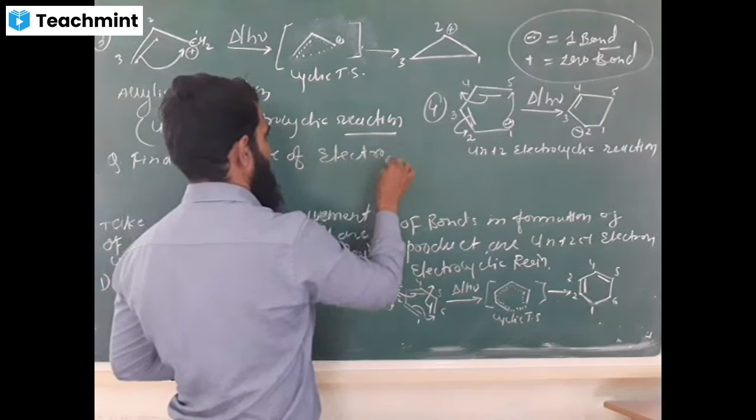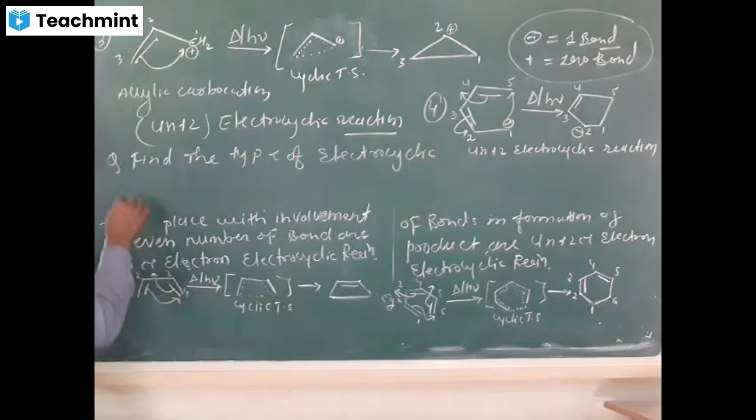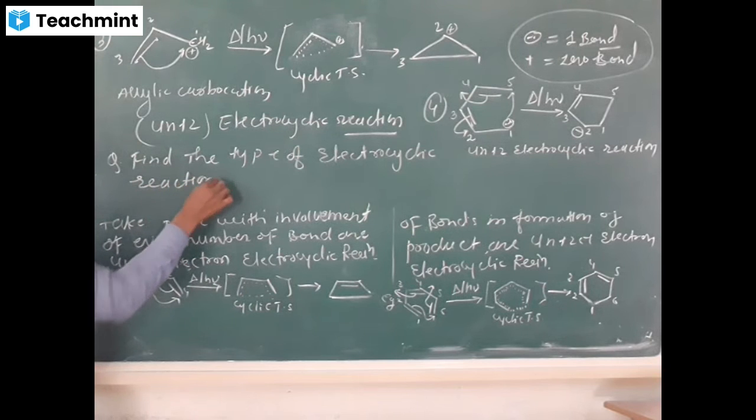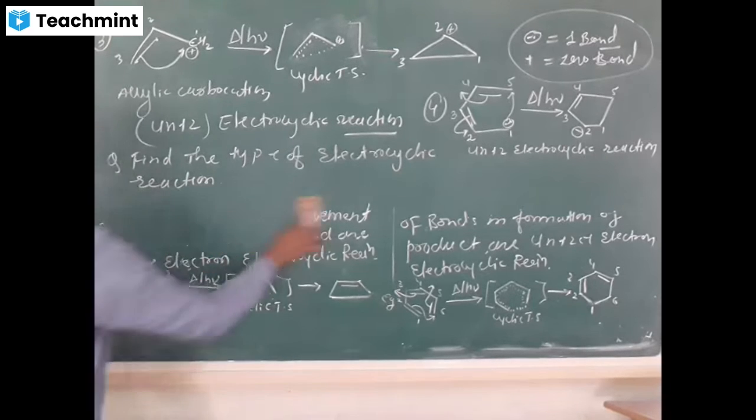Find the type of electrocyclic reaction, either 4n or 4n+2.